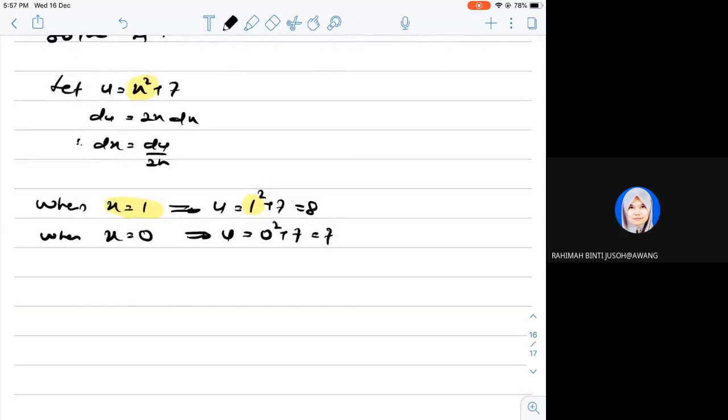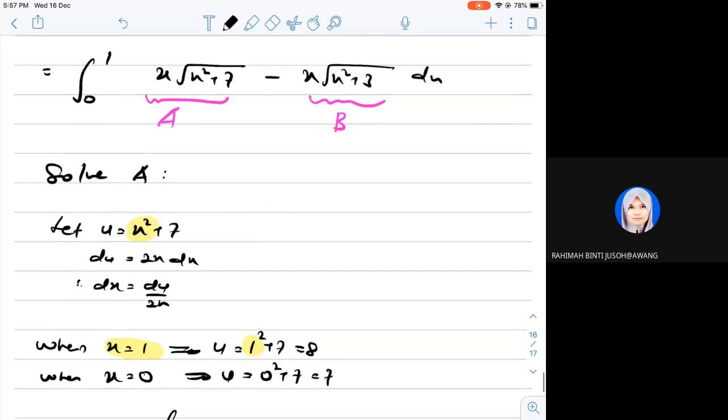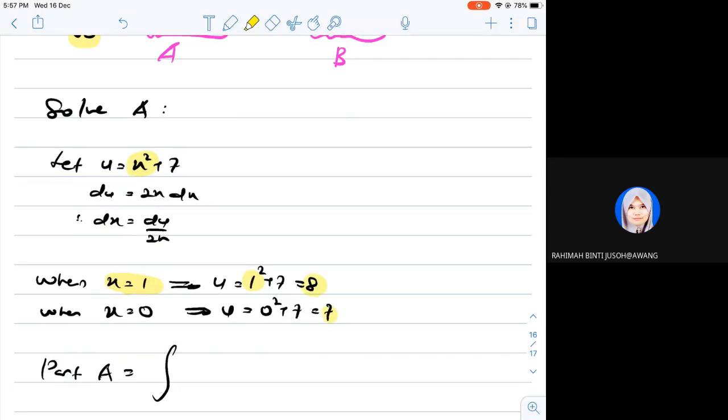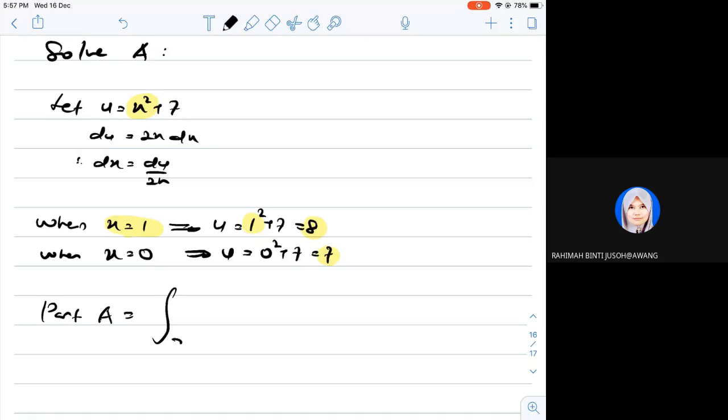Okay, so now we solve one by one. We solve part A first. Integration, substitute the limits 0 and 1 with 7 and 8. So we will have 7 here, 8 here.